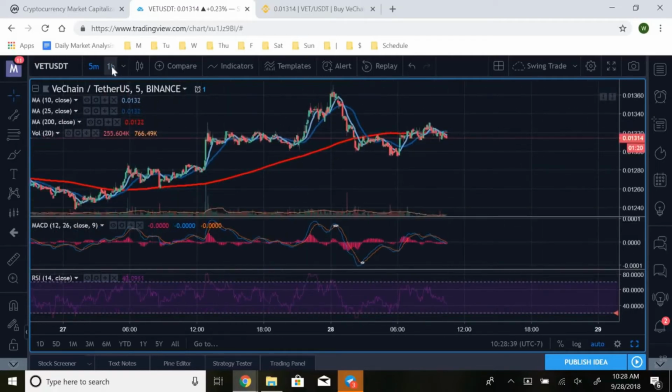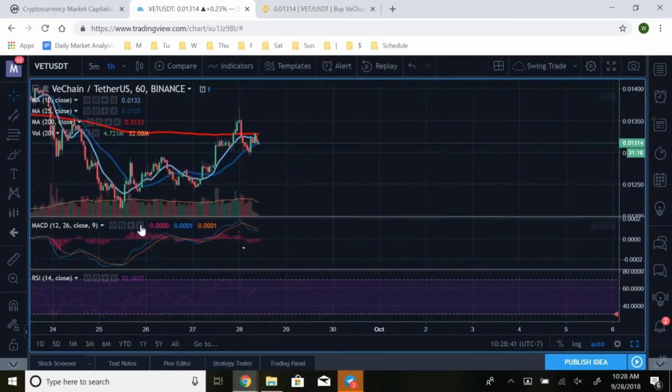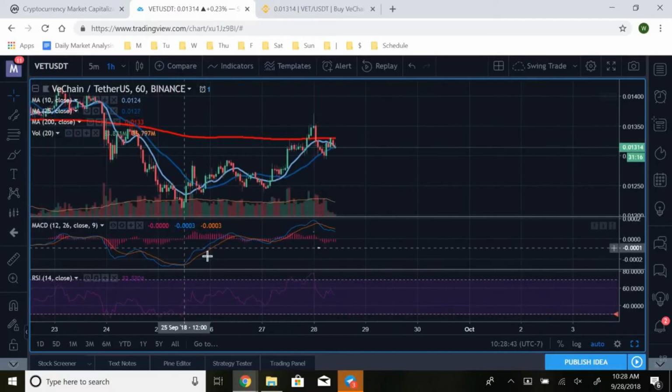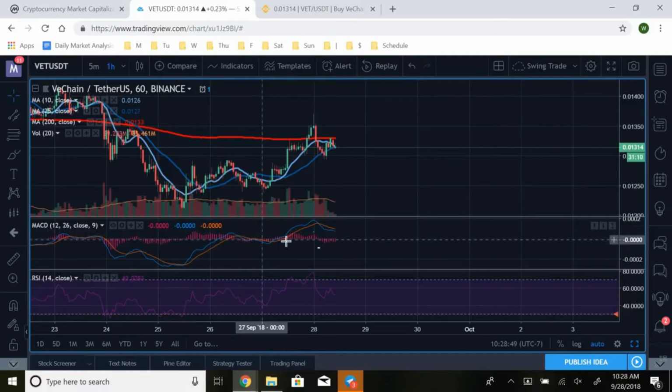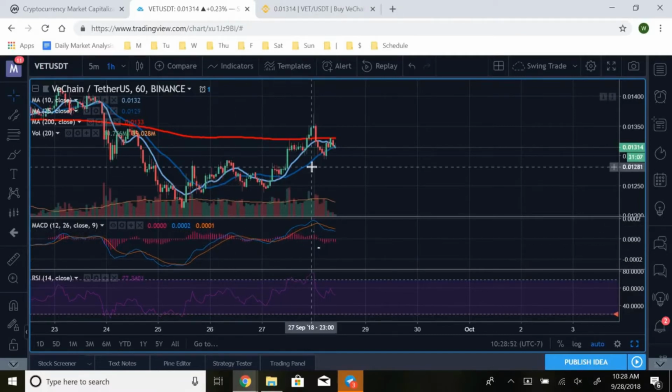That's what I use the 1 hour for, to judge the MACD as well as the overall momentum and volume. Is it moving up in the medium to long term, or is it going down, or what's really happening? Those are the two time intervals you guys want to focus on, as well as the different things you want to look out for.